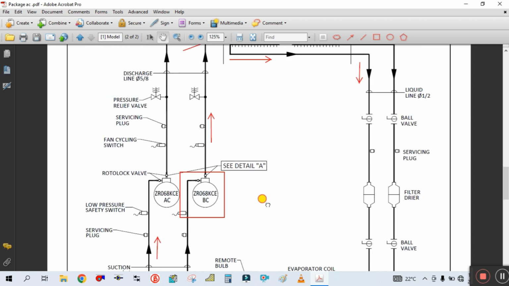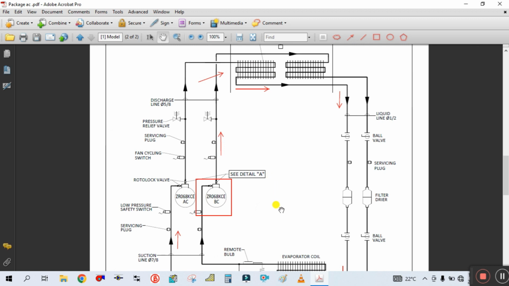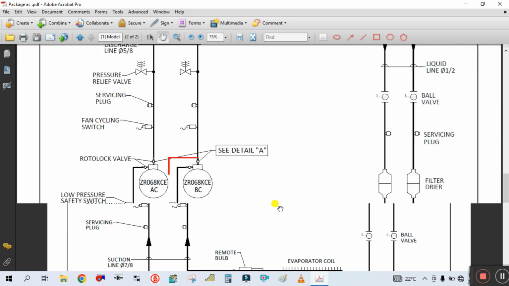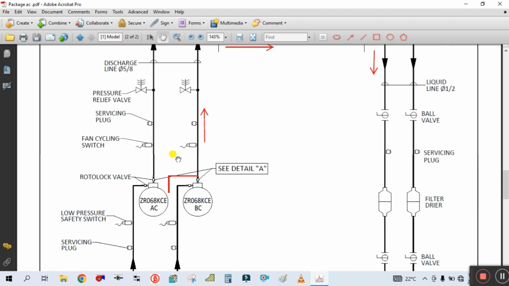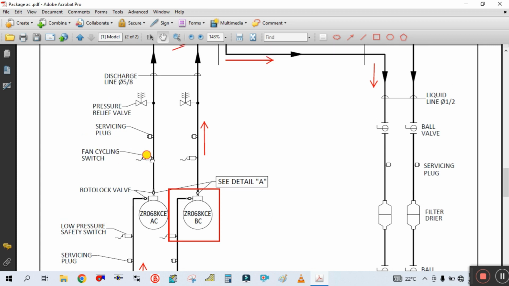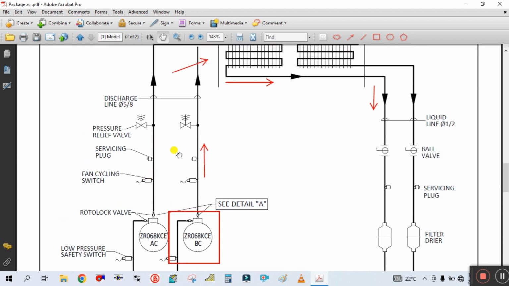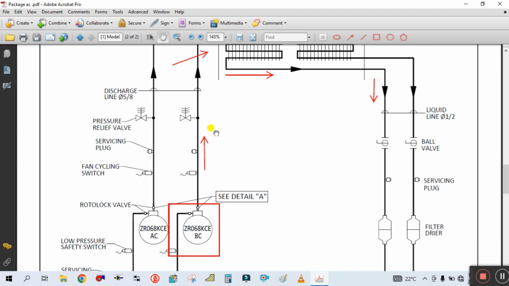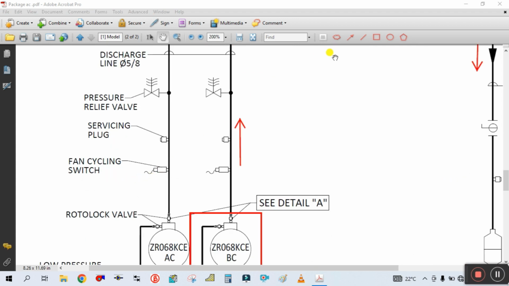I think you guys learned how it's working, and there are also different components, different small parts as well. So let me briefly explain these parts. This is the fan cycling switch.